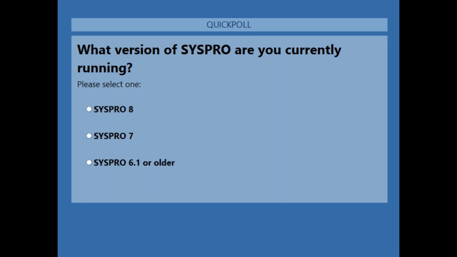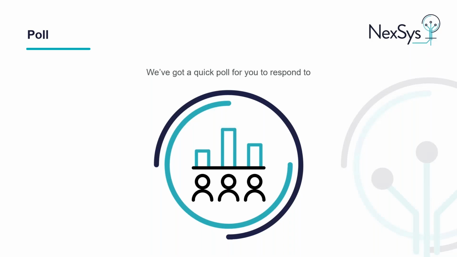And I'll close that poll down. So it looks like we've got about 47%, just under half of you, that are on SYSPRO 8, but the rest, 50%, are on SYSPRO 7, 3% on 6.1 and older. So that's great because we've got a variety of things that we're going to talk about today.